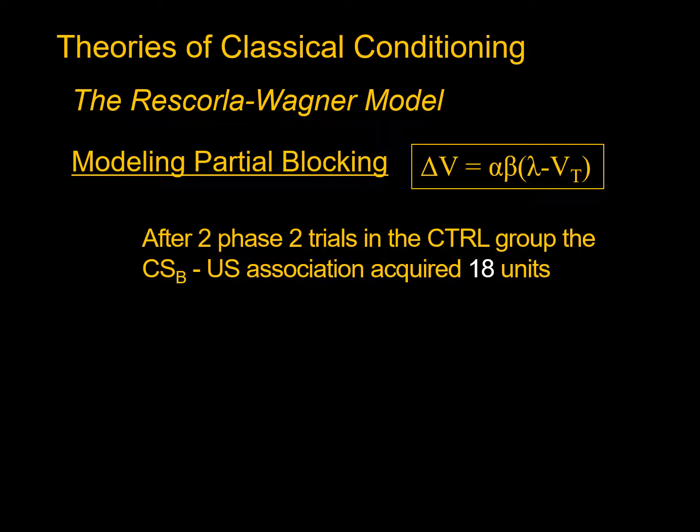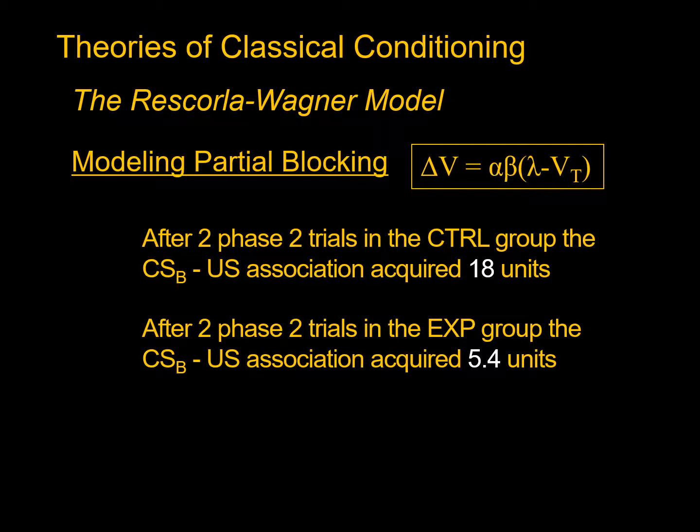But if you look back at the slide, a few slides back, when we modeled those control group trials, each CS had acquired 18 units after 2 trials. Both CSs got 10 units on the first trial, and then both got a further 8 on the second trial. So for the tone-shock association in our control group, that acquired 18 units of associative strength in the first 2 trials.